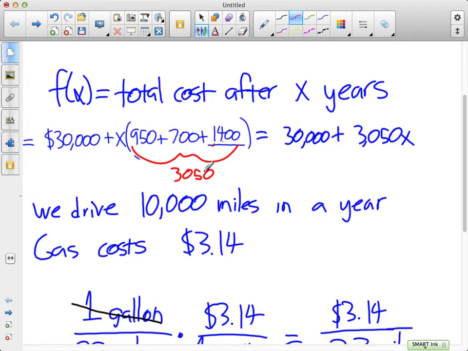So now I have my function for this Acura. If I'm graphing this function, well, this is in slope-intercept form. This 30,000, since it doesn't have the x, that's going to be my y-intercept, and my 3,050 is the slope.